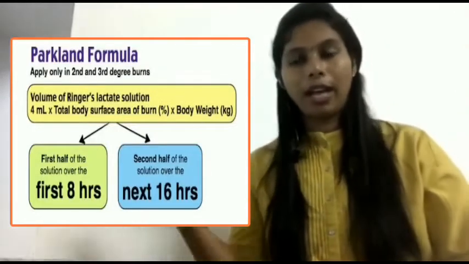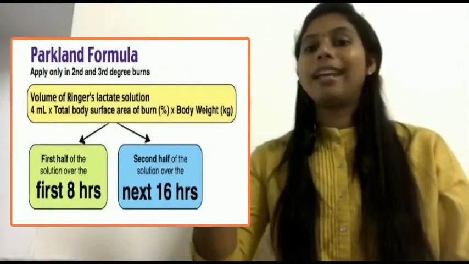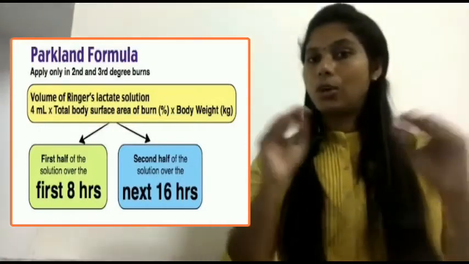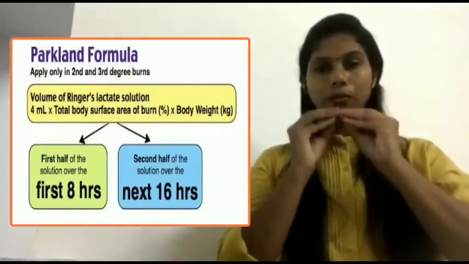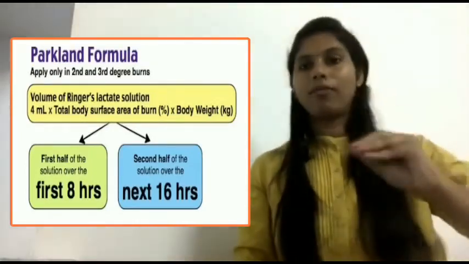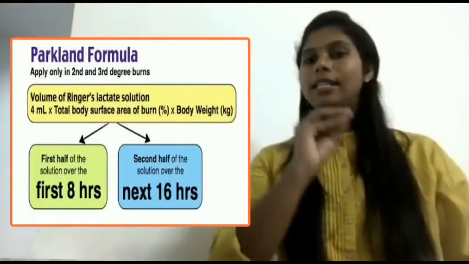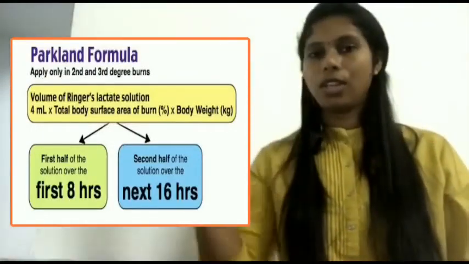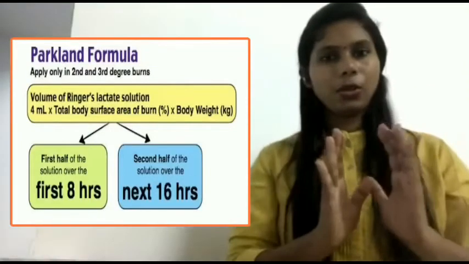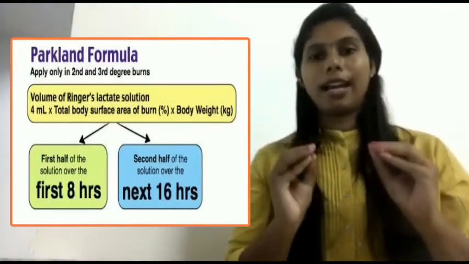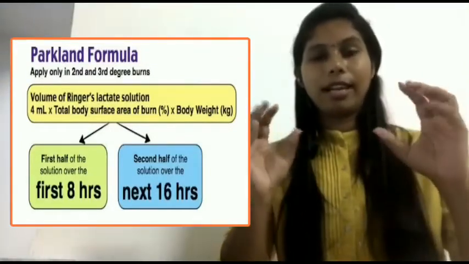Then the other half we use for the next 16 hours. So this total amount should be infused within 24 hours. The first half we use for the first 8 hours and the second half for the next 16 hours. So for a clear idea, we'll do one question.